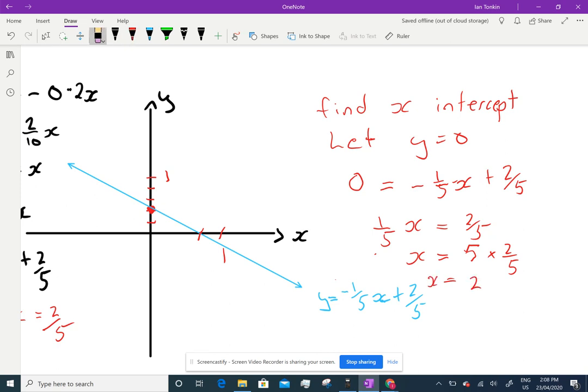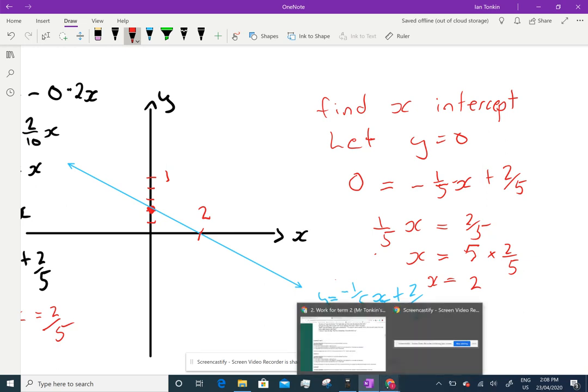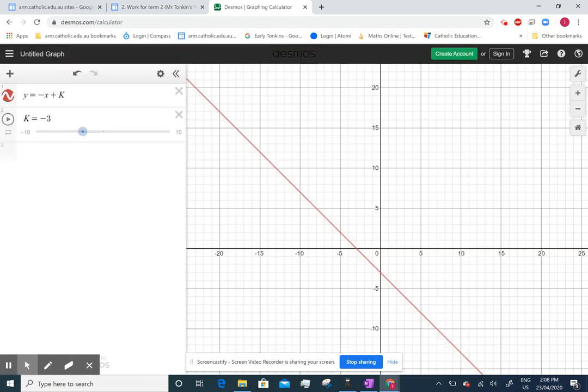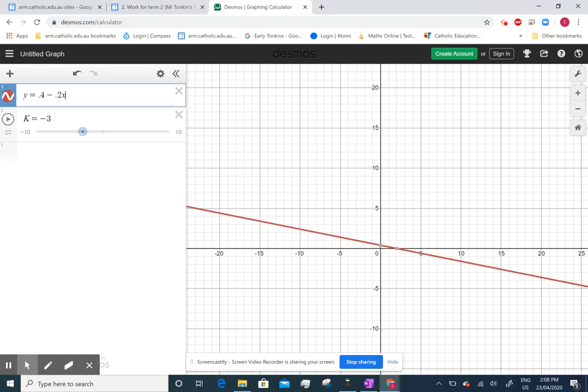Now, look at my graph. It's poor now, but I don't have to have the same scale as long as I write it. Let's double check that on Desmos to make sure we're right. And what was it? y equals 0.4 minus 0.2x.